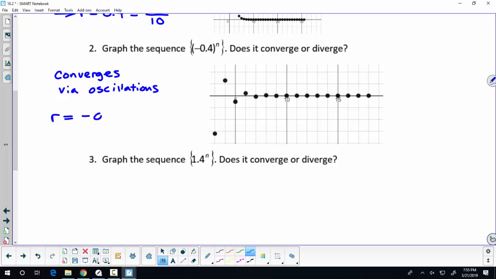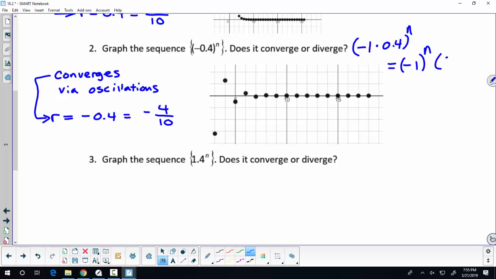Yeah, negative 0.4. Another way to look at that is negative 1 times 0.4 to the n, which is negative 1 to the n times 0.4 to the n. So the negative 1 to the n is just the thing that's causing us to change sign. We already saw what 0.4 to the n looked like.